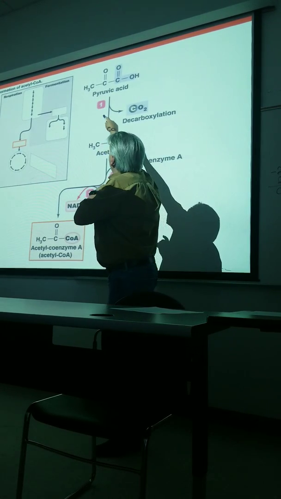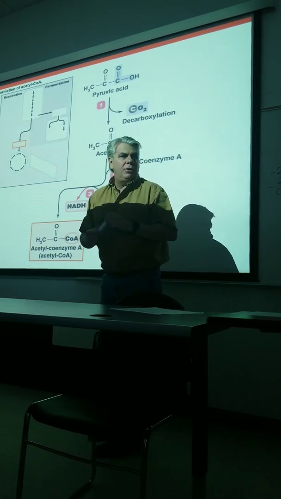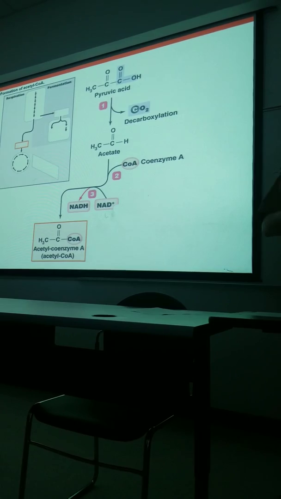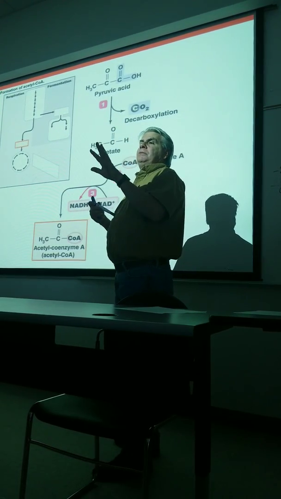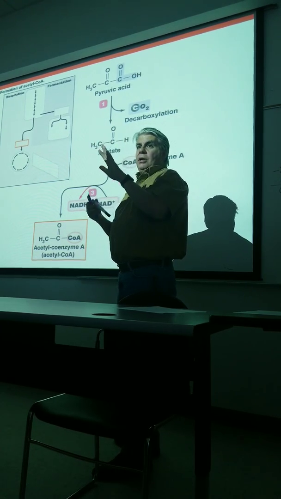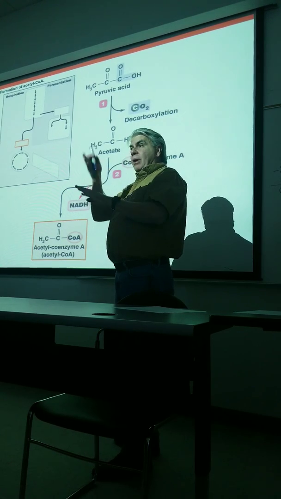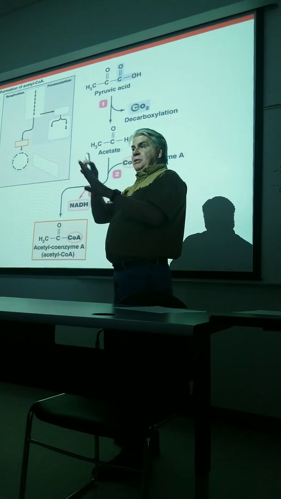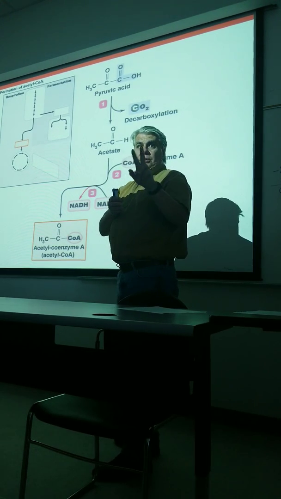How many pyruvic acids do we make? 2. So I want to go back on this. Glucose has how many carbons in it? 6. Glycolysis, lysis means to what? Break, right? So glycolysis basically means breaking glucose. You break it into 2 3-carbon sugars.